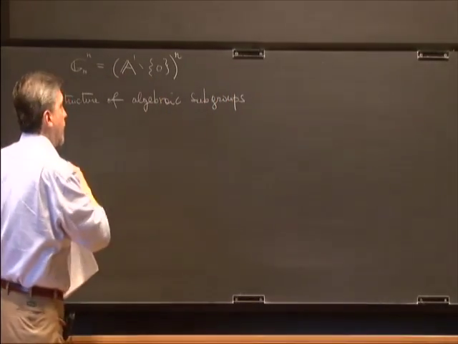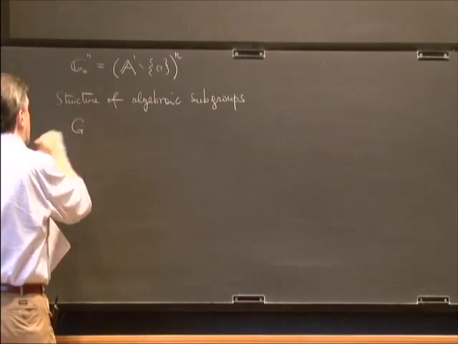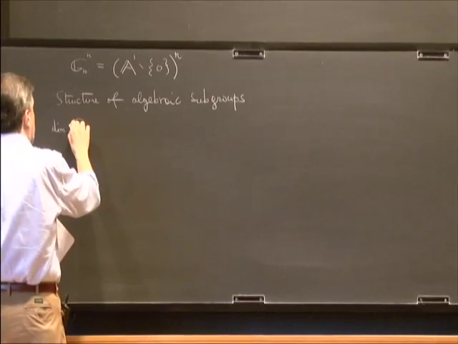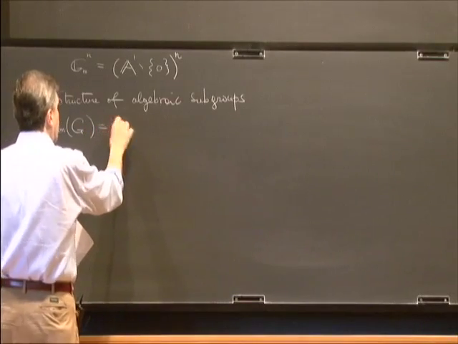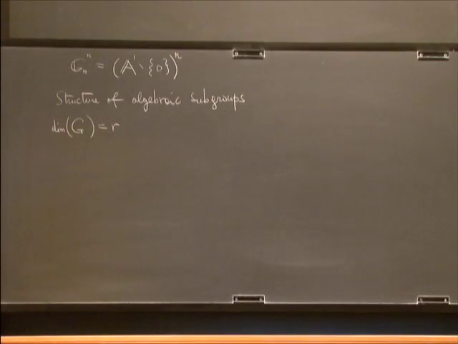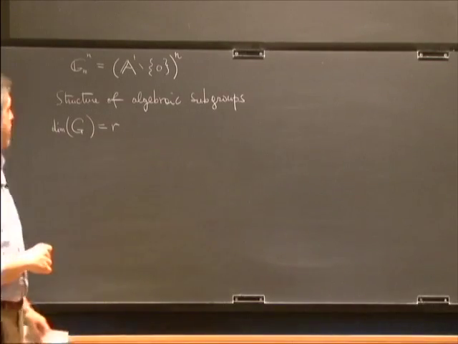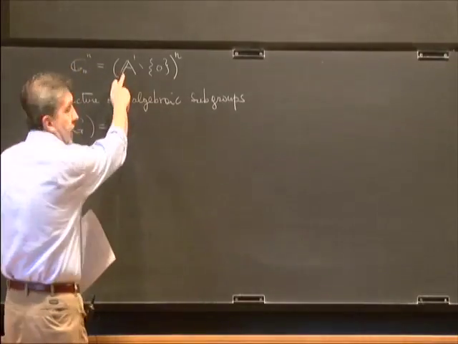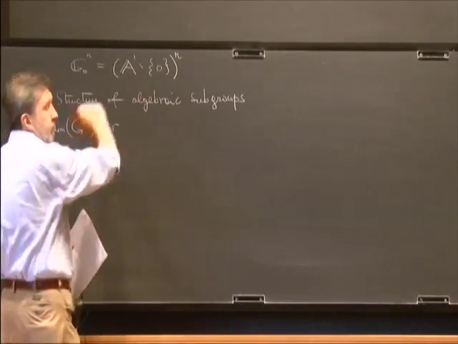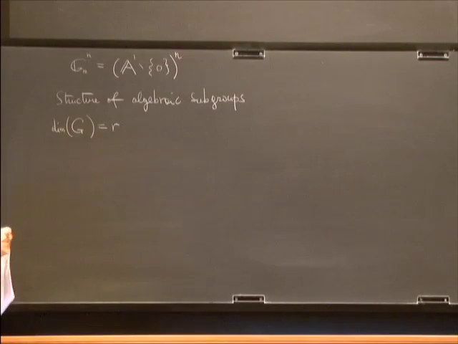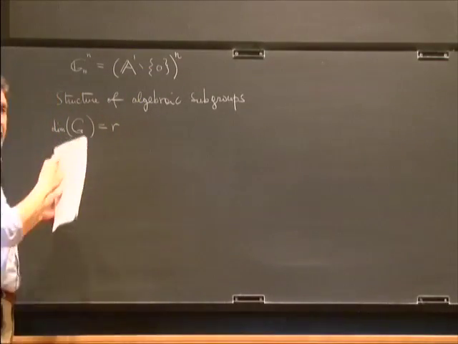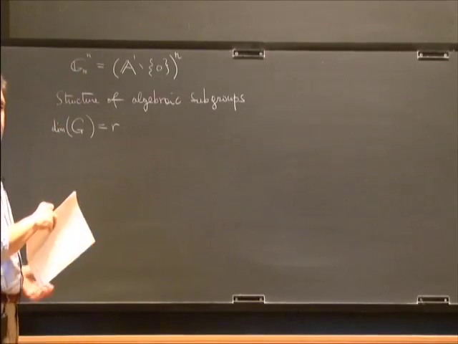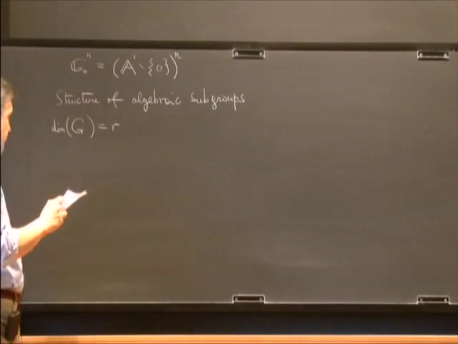Excuse me? What is the E? This one is the affine line, the affine line deprived of the origin. So this is an equality as varieties, and the group structure is the obvious one, with component-wise multiplication.